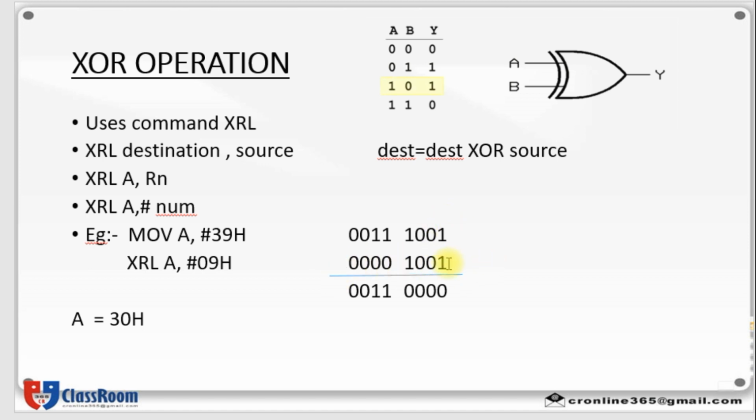So, result will be, same inputs give the value 0, different inputs, that is 1, 0, give the value 1. So, result is equal to 0011 0000. What is this? 0011 means 3 and 0000 means 0. So, accumulator will be having the value 30.